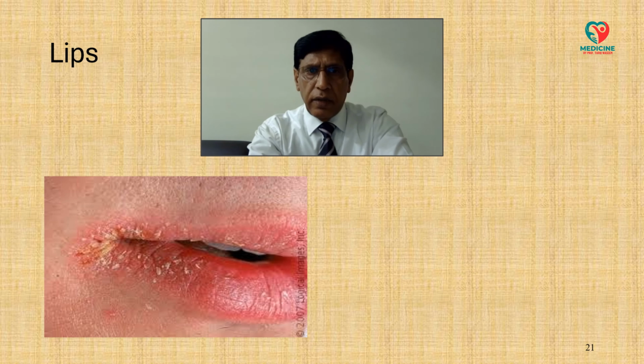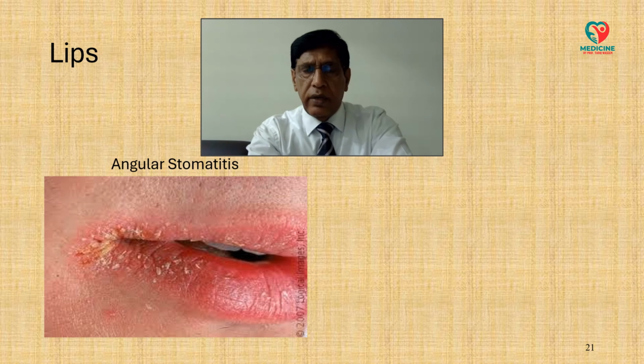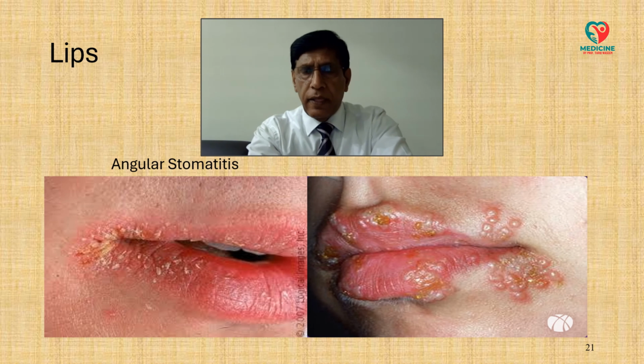The lateral parts of the lips may show crusting and some roughening and some oozing of blood, which may be as a result of angular stomatitis. Now, angular stomatitis can be a manifestation not only of certain deficiencies, protein as well as vitamin deficiencies, and can be as a result of some local pathologies as well.